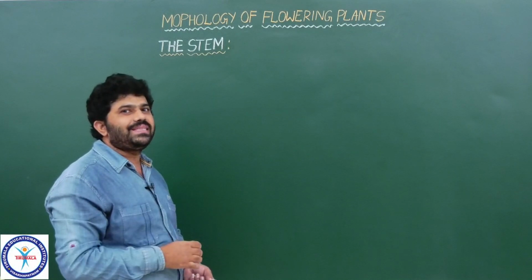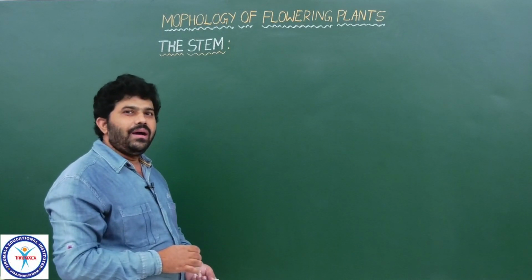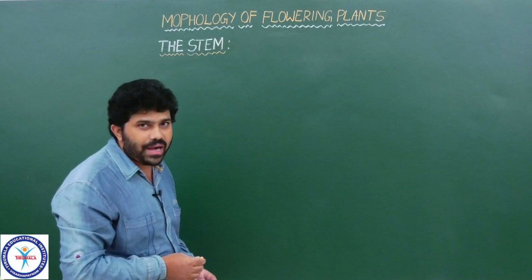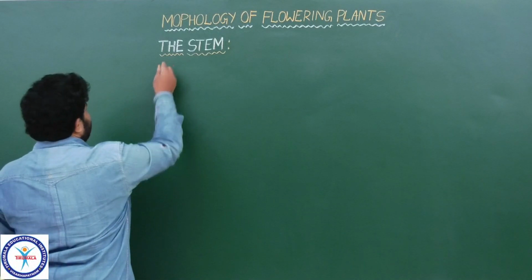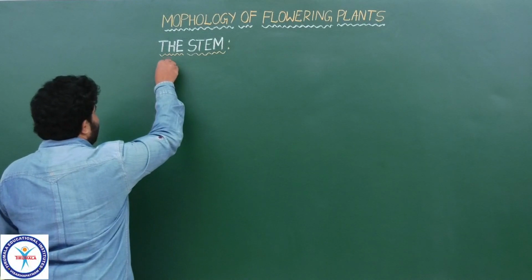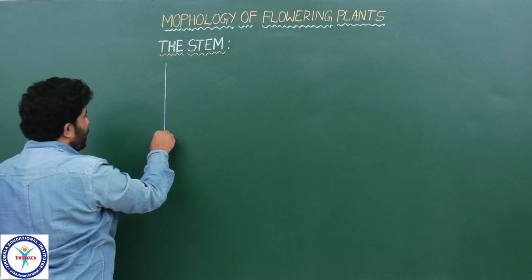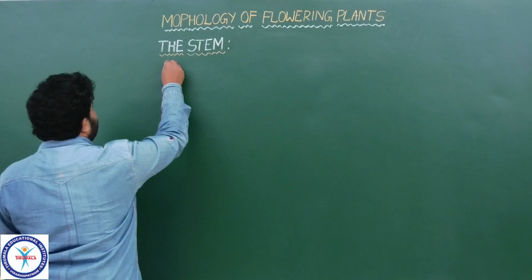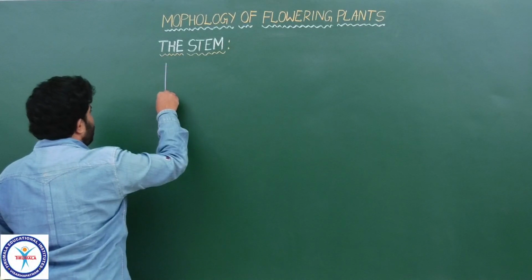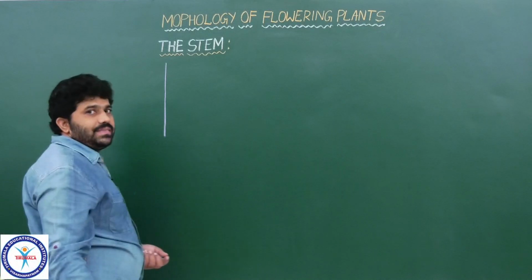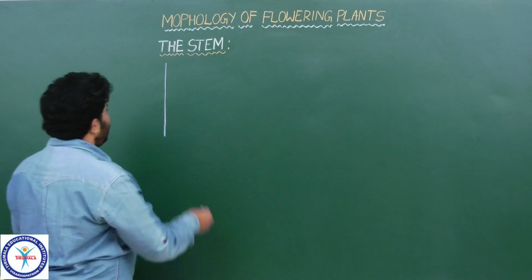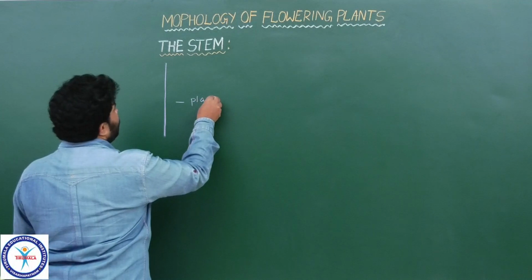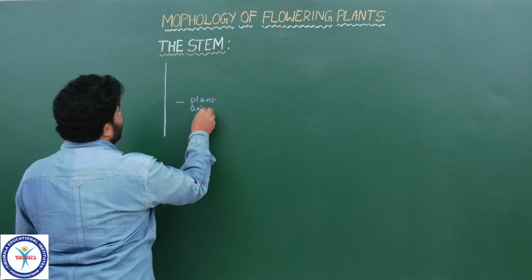To know the ascending part and descending part of the plant axis, first we need to know what the plant axis is. Suppose it is a plant axis, a long cylindrical structure in a complete linear form. Draw the diagram neatly.